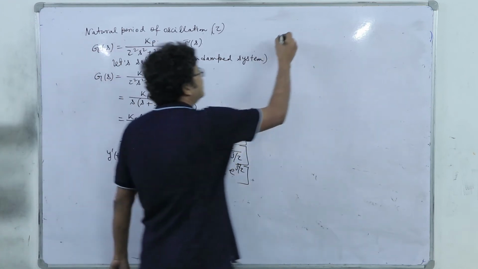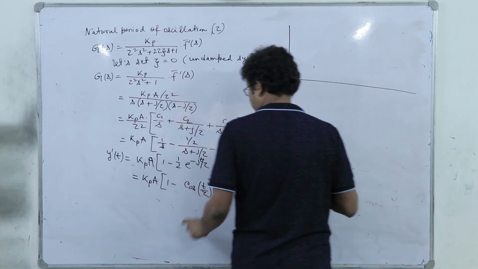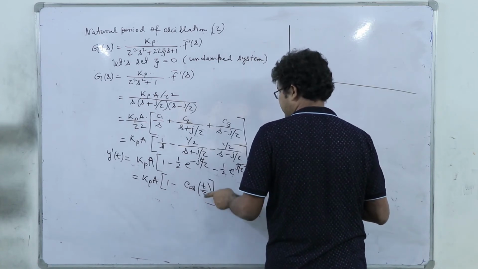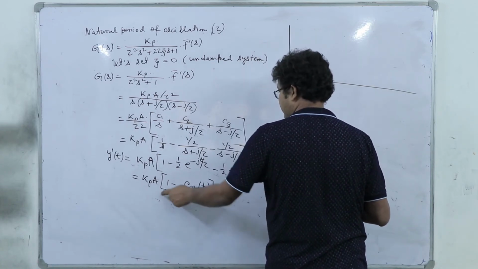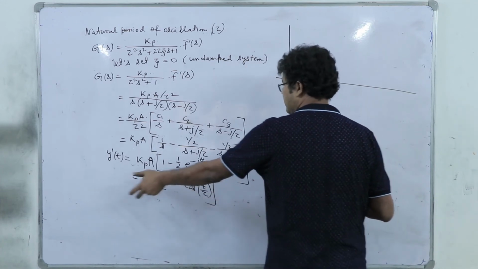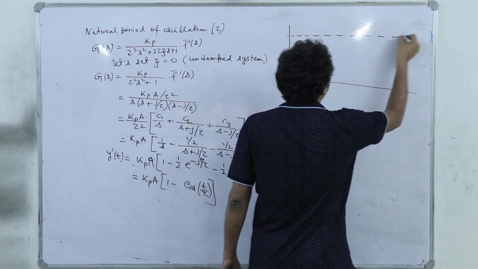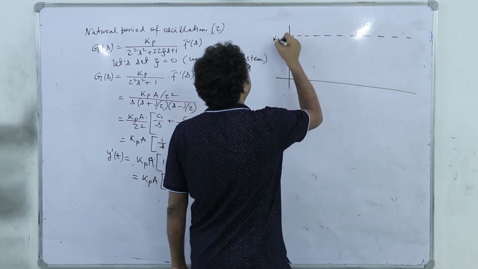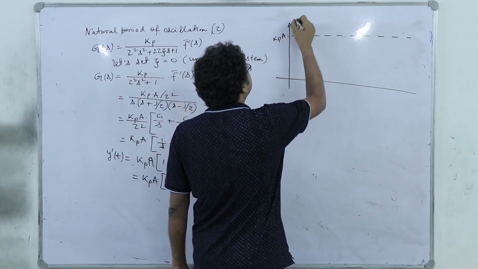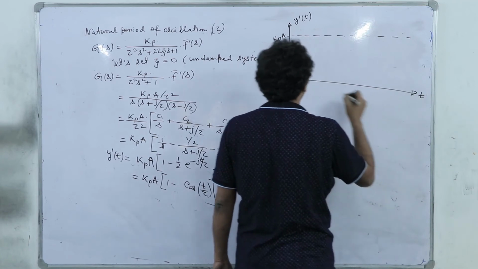So, what will be my response? At t equal to tau, the value will be equal to 0, and at 0 the value is also equal to 0. Okay? So, this is, let us say, Kp into A, this is y prime t and this is t.